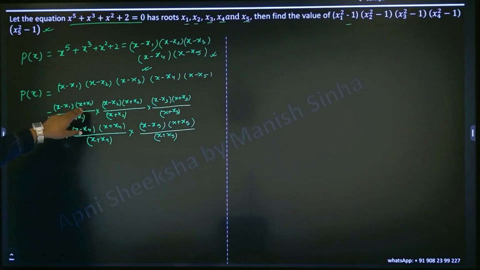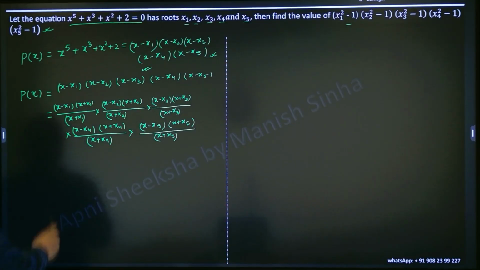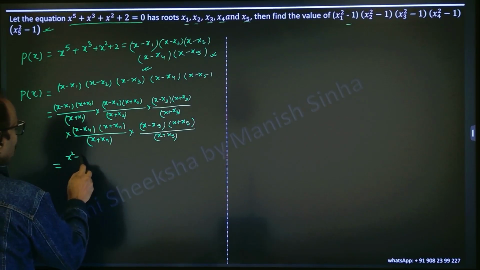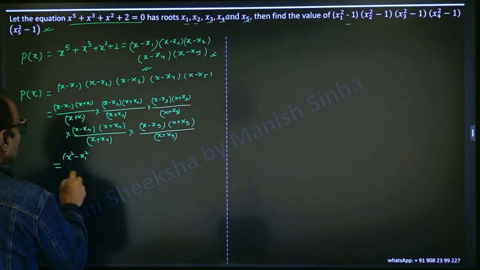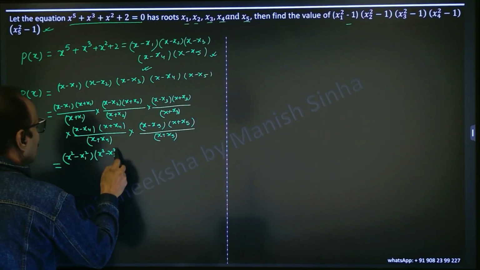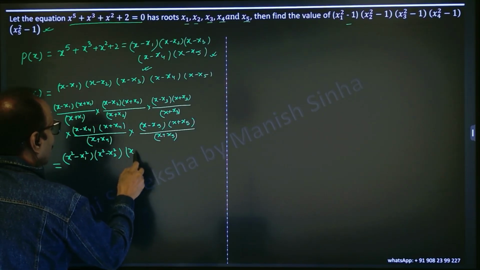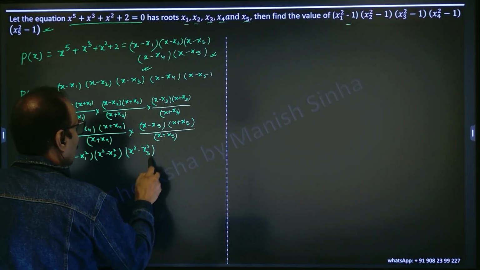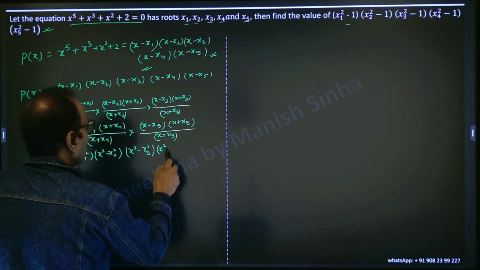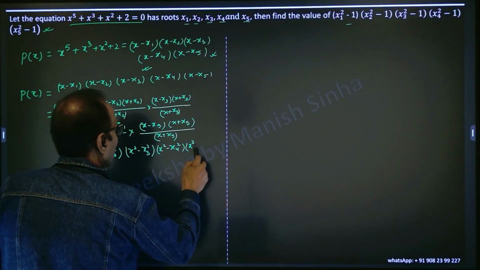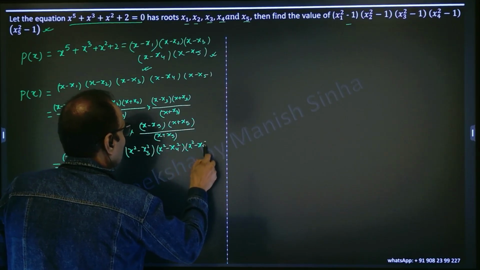These two multiplications give x square minus x1 square. So in the numerator the things will become x square minus x1 square, x square minus x2 square, x square minus x3 square, x square minus x4 square, x square minus x5 square.